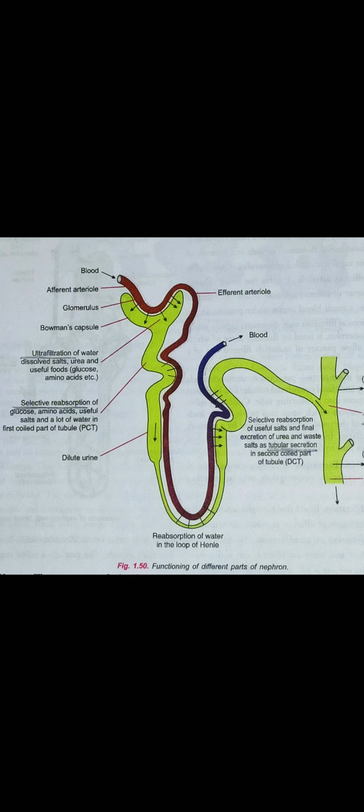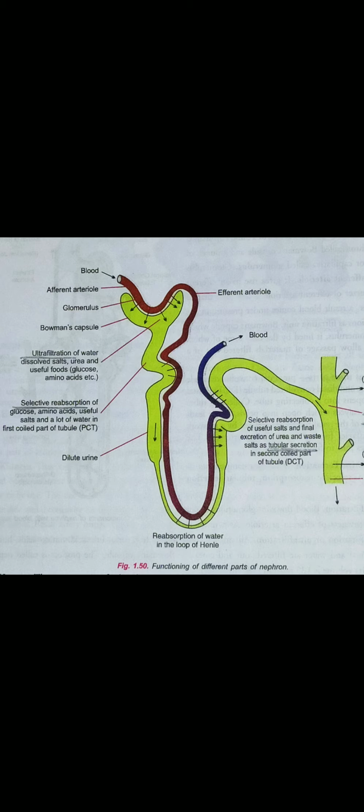So the main function of the nephron is to produce urine, that is, urinary waste.